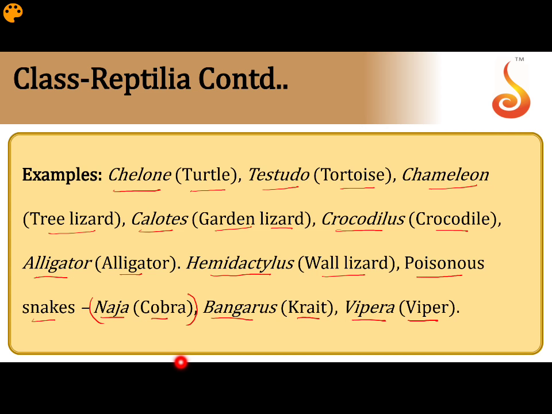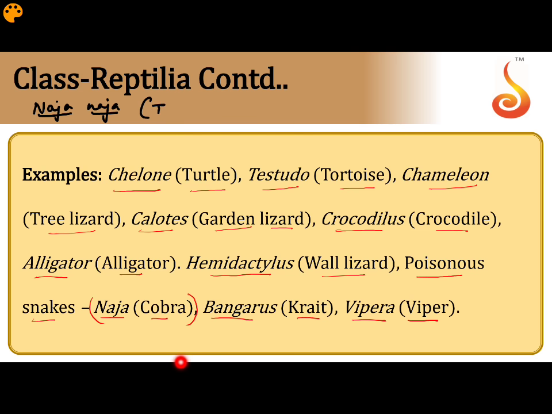Now, in binomial nomenclature, there are certain forms where the generic name and the specific epithet are the same. Here, the generic name is Naja and the specific epithet is also Naja. So, we call it Naja naja, which is a cobra.